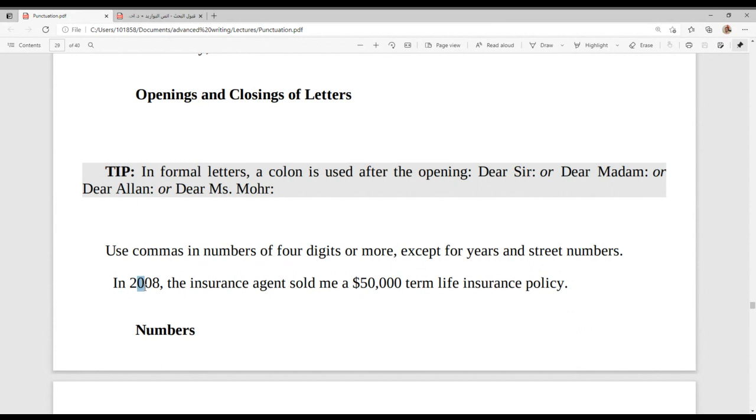It's impossible, right? In 2008, comma, the insurance agent told me about a $50,000 term life insurance policy. Look here. So this number consists of more than 4 digits.